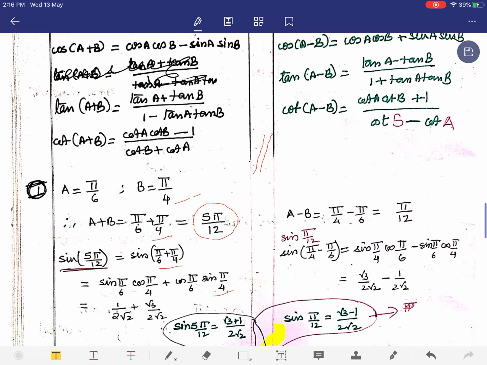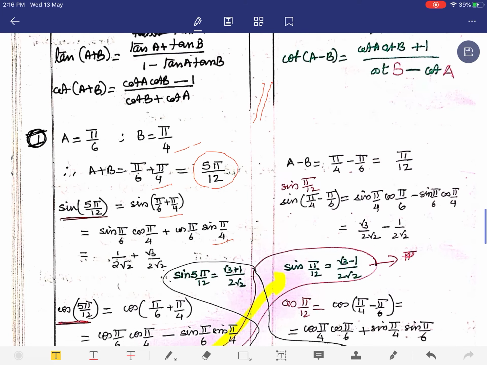Now, put the respective values, as the ratios of all these angles are known to us. Sine pi on 6 is 1 on 2, cos pi on 4 is 1 on root 2, so that gives us 1 upon 2 root 2. Similarly, cos pi on 6 is root 3 upon 2, and sine pi on 4 is 1 upon root 2. So, we have the answer, sine 5 pi on 12, as root 3 plus 1 upon 2 root 2.